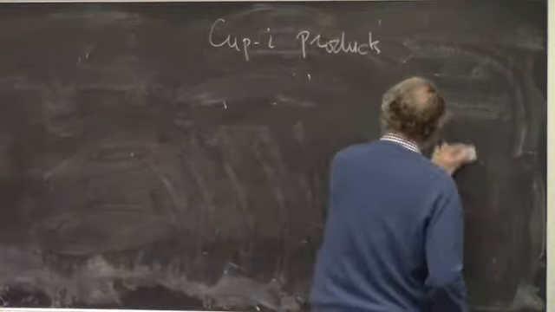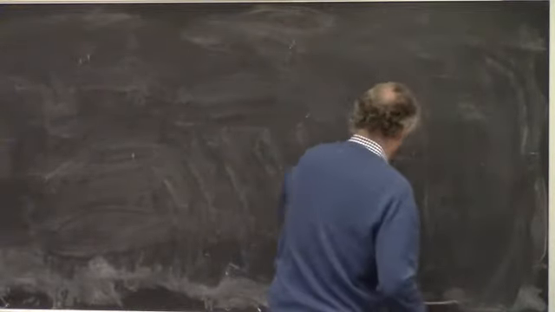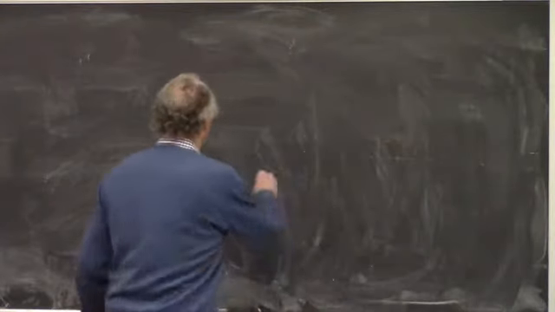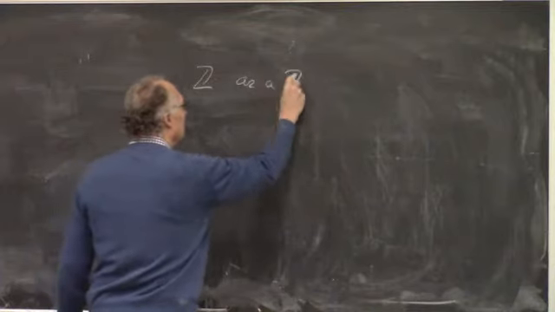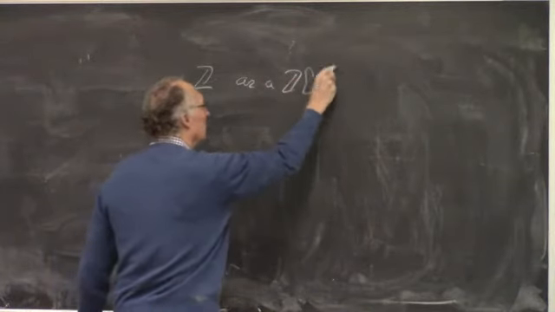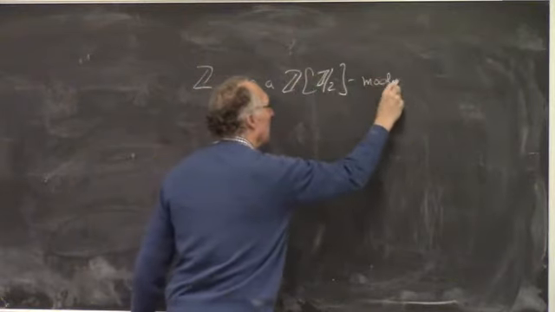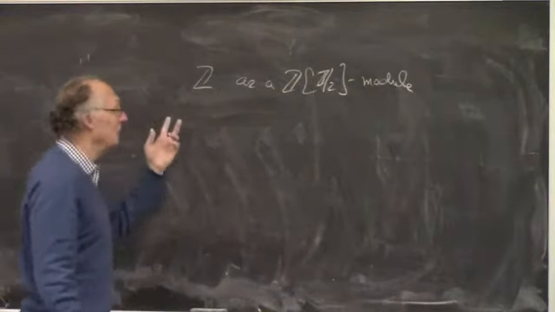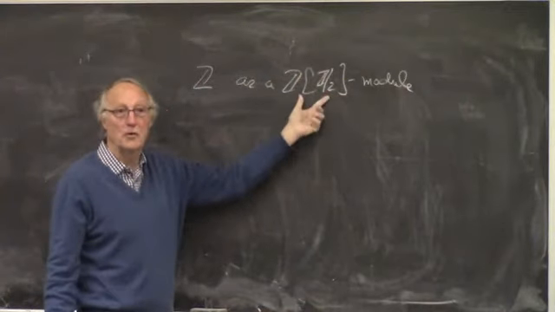And we begin with the projective, or in fact, the usual free resolution of Z as a Z[Z2] module. Well, this Z has two structures as a Z[Z2] module. So this is just an integral group ring.